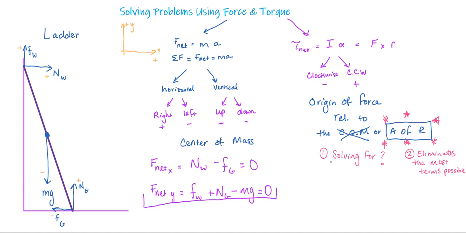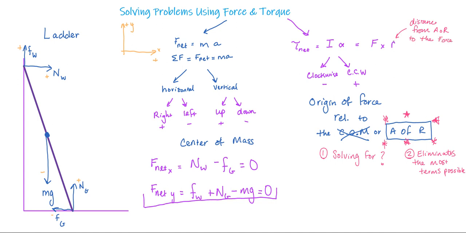Okay, so first I have to know what I'm solving for so I don't accidentally eliminate it when I try to eliminate terms. Now the way that we eliminate terms in a torque setup is if the force is acting at a certain position and that position is at the axis of rotation, then of course R is 0, because remember this is the distance from the axis of rotation to the force.